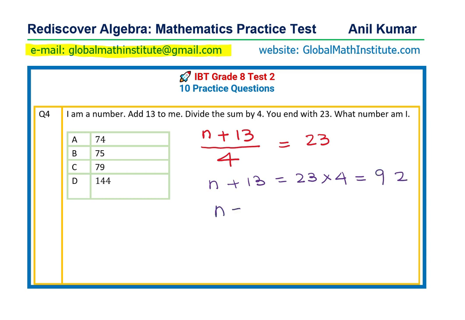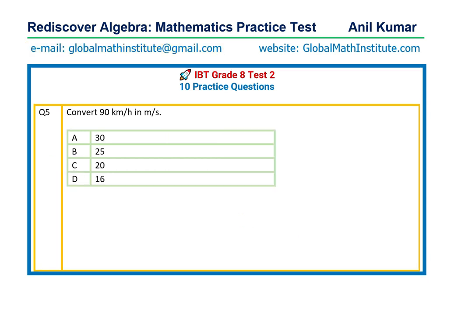So n equals to 92 minus 13. Is it clear to you? And 92 minus 13, 12, and 8 minus 1 is 7. 79 is option C. All right, no difficulty, right? So read and write the expression to solve. Question number 5.